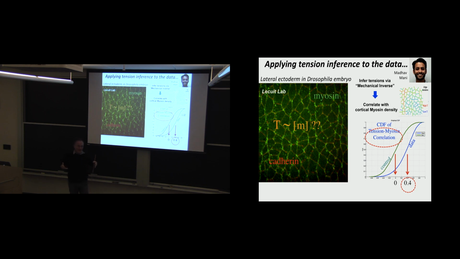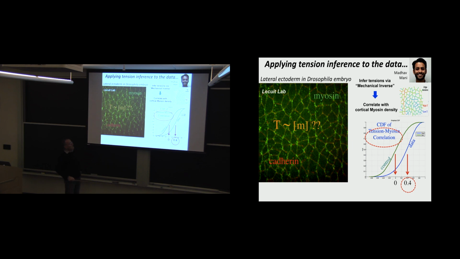The only question is, how do we prove whether this has anything to do with anything? Because there is no easy and good way of locally measuring tensions without destroying the tissue. But in this data, we have myosin, and we're going to make the simplest assumption that local tension is just proportional to myosin.